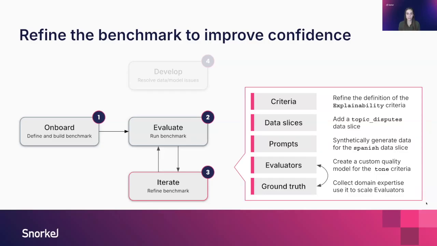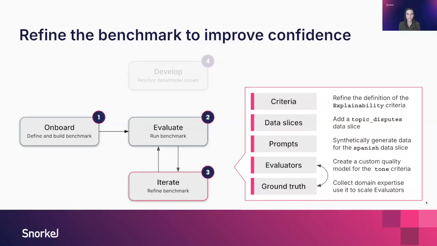When you're at the very beginning and you're not sure yet if you trust that evaluator, you can collect ground truth labels for the criteria that that evaluator is measuring. Then you can look at where your subject matter experts and your evaluators are disagreeing and refine that evaluator to better match this domain expertise that you've collected.